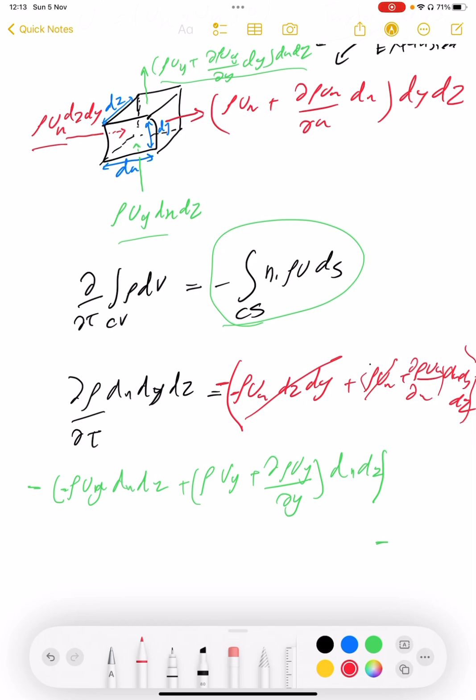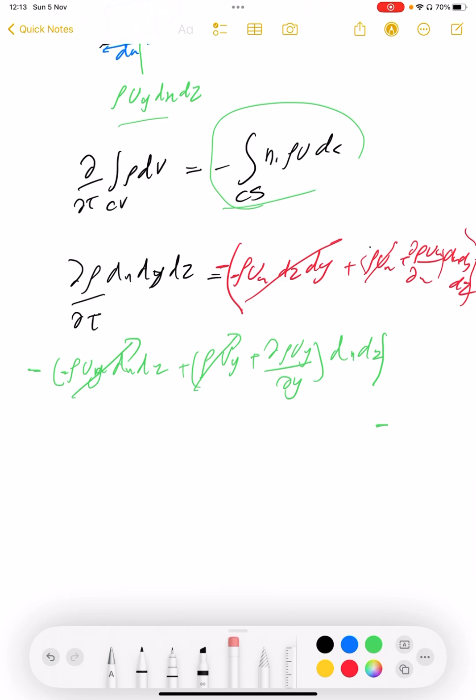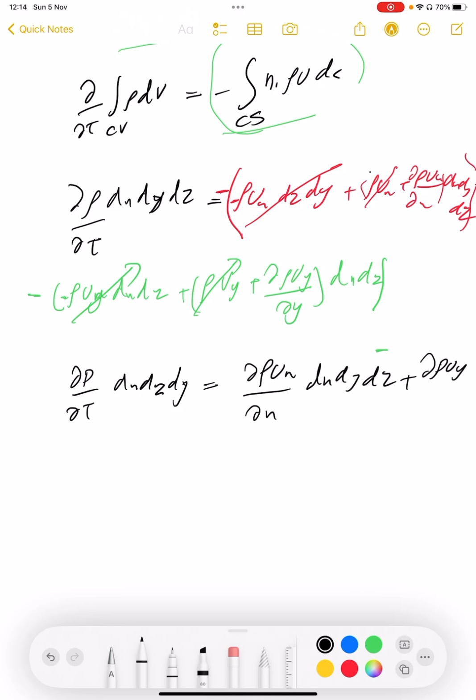And in y direction, you can cancel this term with this term out, and so the left side would be variation of density in time, dx, dy, dz, equal to variation of rho ux in x, dx, dy, dz, plus variation of rho uy in y, again multiplied by dx, dy, dz.